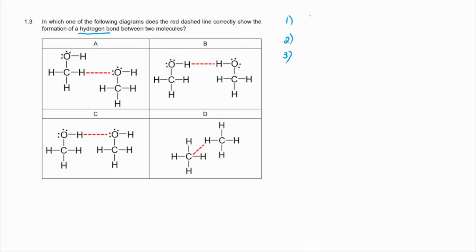So you need to have small molecule, high electronegativity, with at least one lone pair of electrons, at least one lone pair.